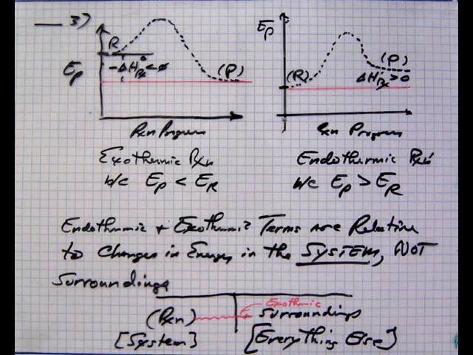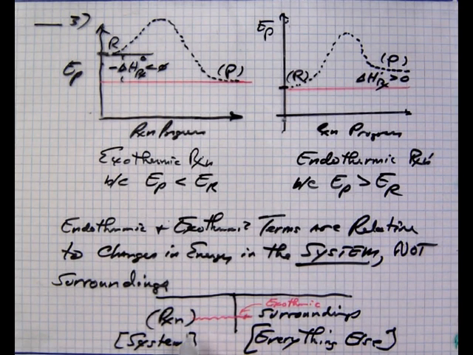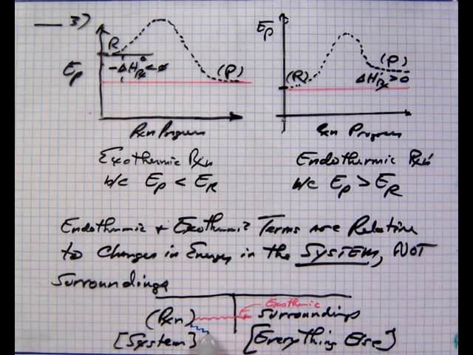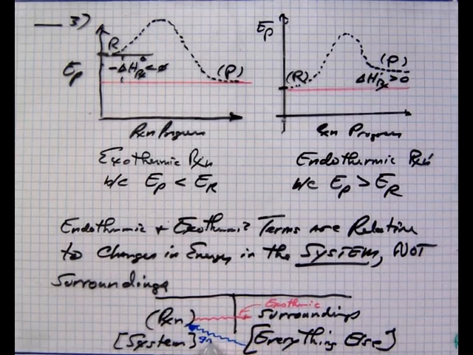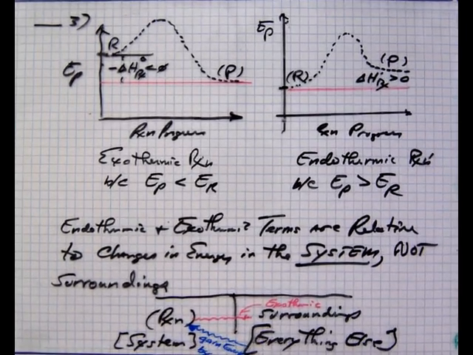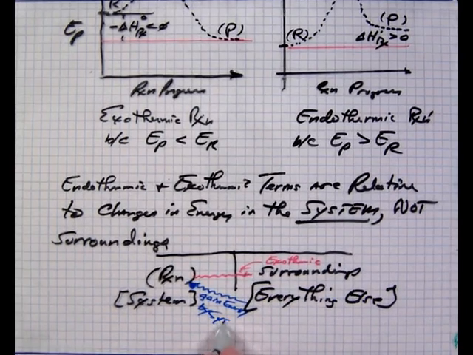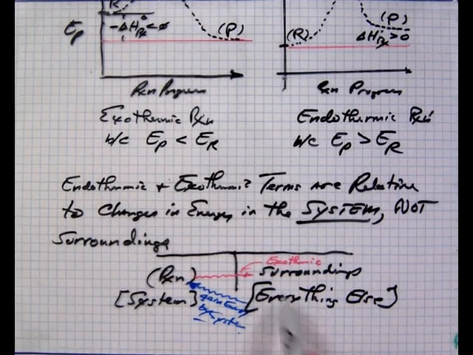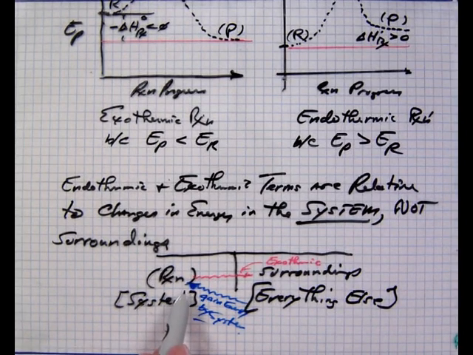But we're interested always in the change of energy at the reaction level. And you can turn that around if you wished and take into account a gain of energy, which is exothermic, though, now to the surroundings, but endothermic to the system.